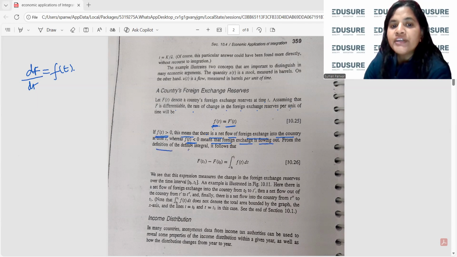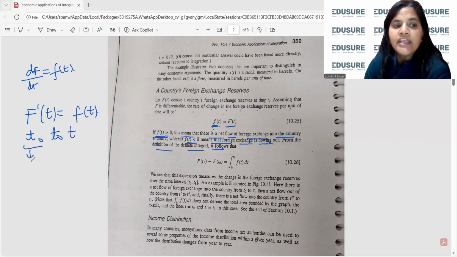From the definition of the definite integral, so now we have F'(t) is equal to f(t). Suppose I am going from the time t0 to t. So this is my initial time and this is my final time.